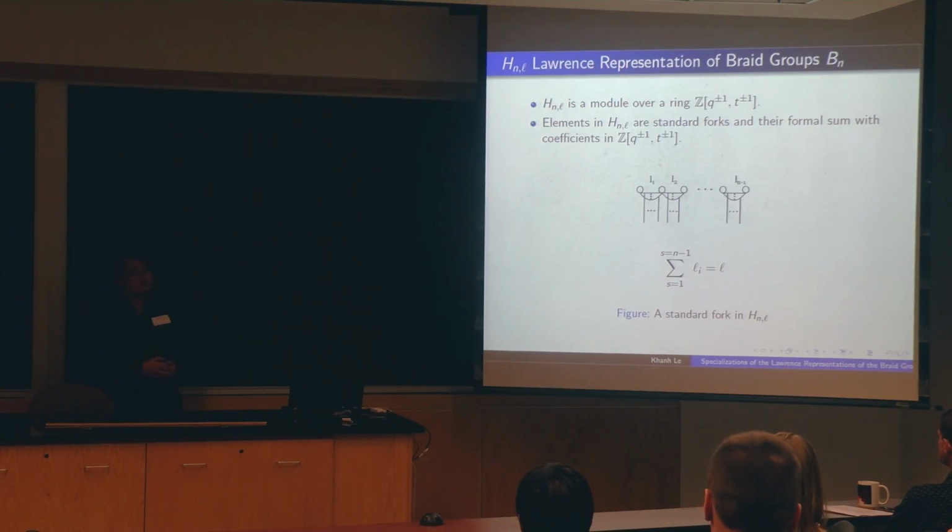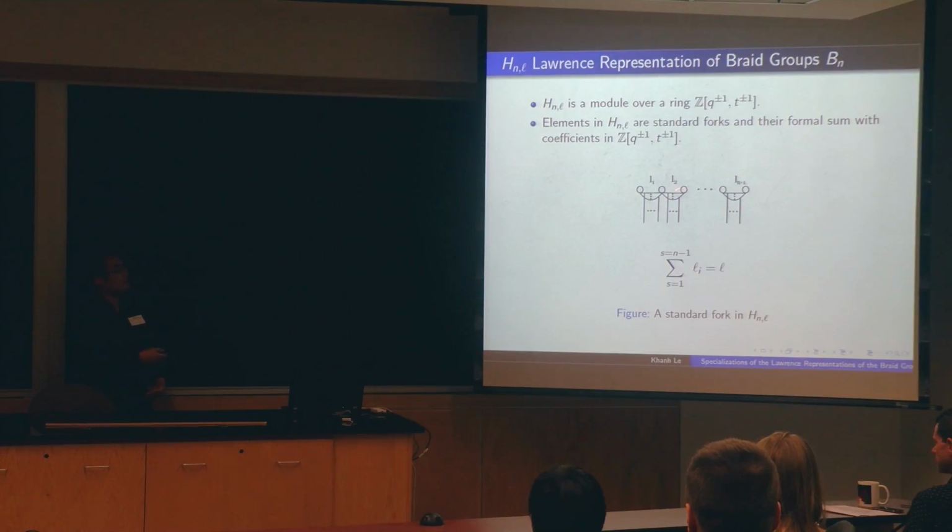And this vector space has coefficients in the ring of polynomials that have integer coefficients and also allow for negative powers. And elements in this vector space are basically the standard forks and the linear combinations of these standard forks.